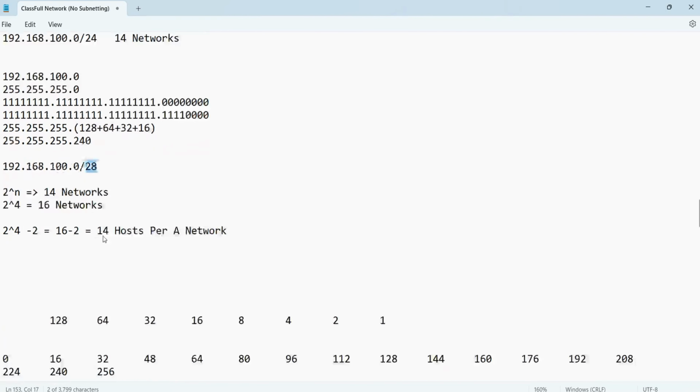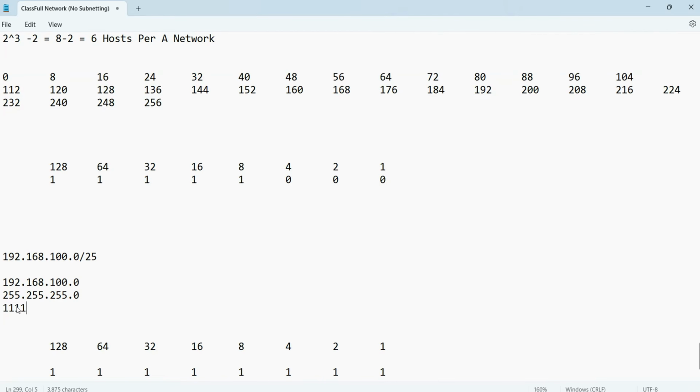Let's take a look. All right. 192.168.100.0, then 255, 255, 255.0. Okay, how do I get 25 bits? Well, let me put this here: 128, 64, 32, 16, 8, 4, 2, 1. 8 ones is a 255.